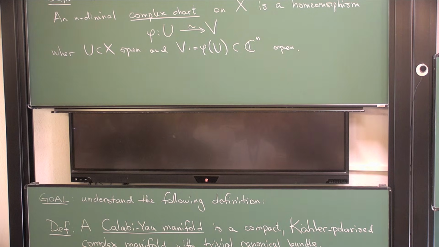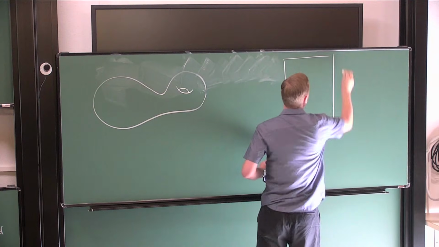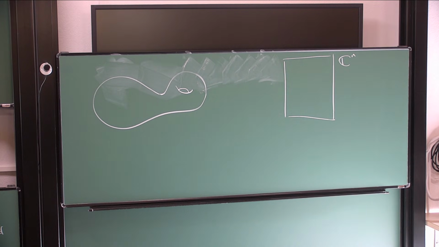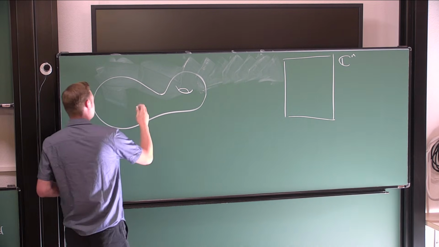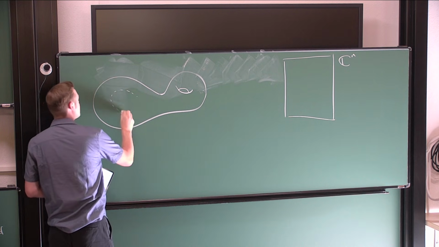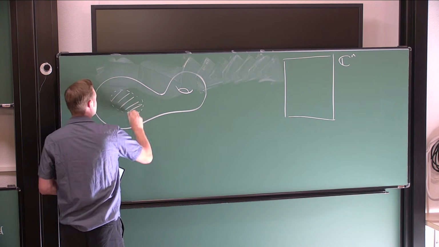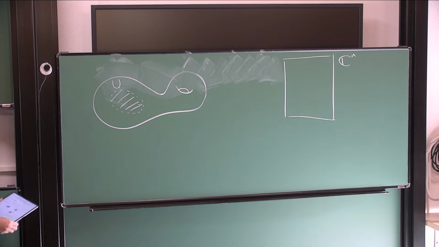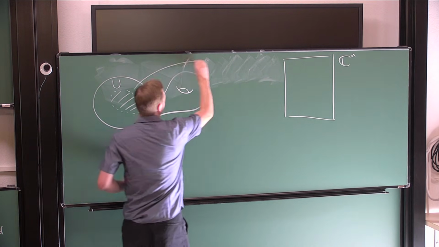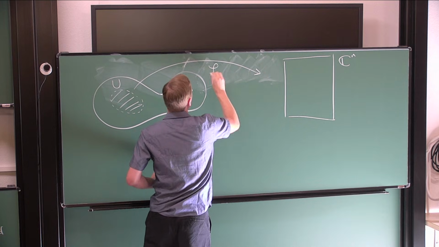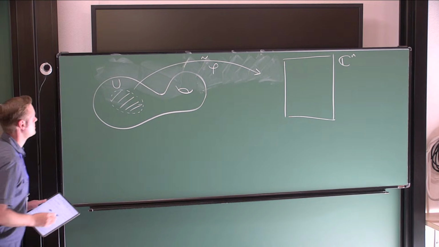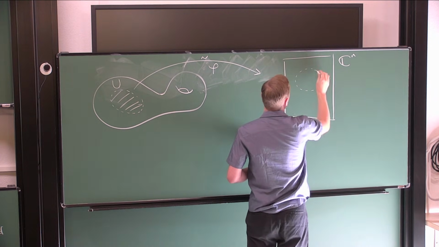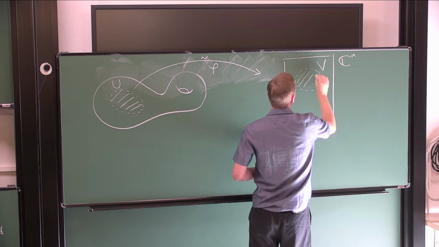Here's my C to the n, which suspiciously looks like C. And I take an open set here, which is some kind of blob, call it U, and I have a homeomorphism phi, which maps to some open subset, which I've called V.